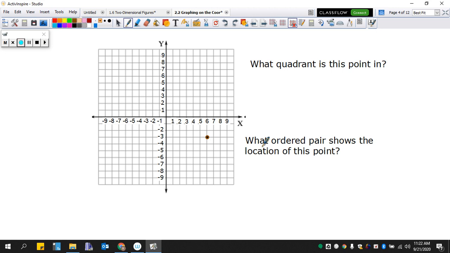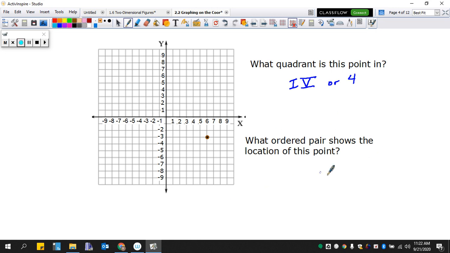This next point is in the bottom right. Well, what quadrant is this in? 1, 2, 3, 4. So this is quadrant 4, which as a Roman numeral is written as IV. And once again, if you want to write it as a number 4, that would be fine as well.